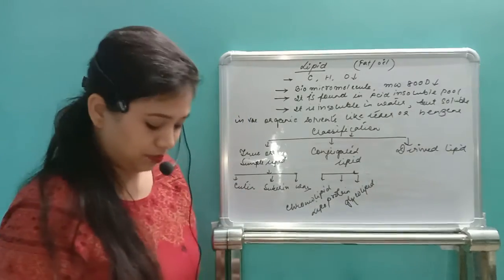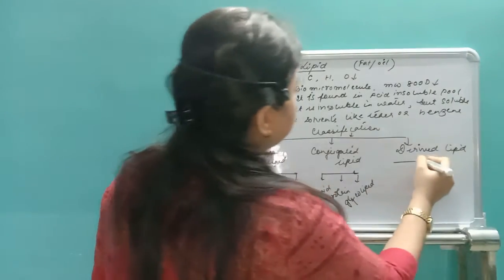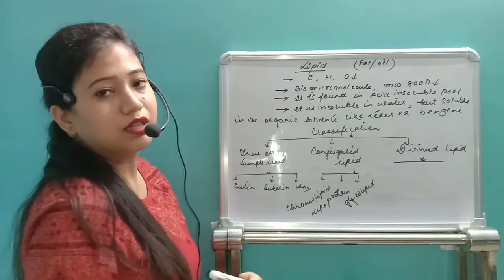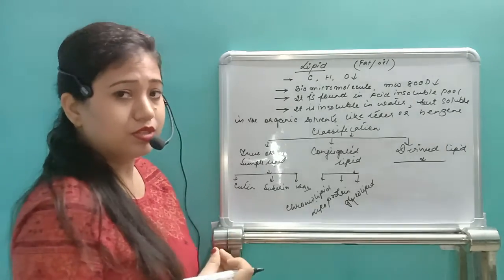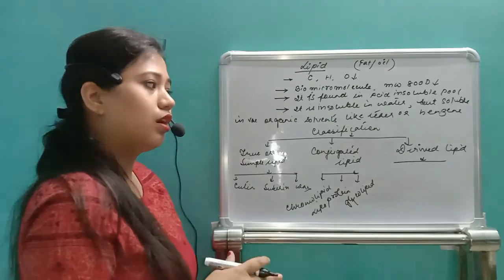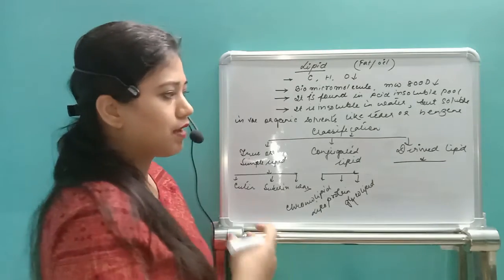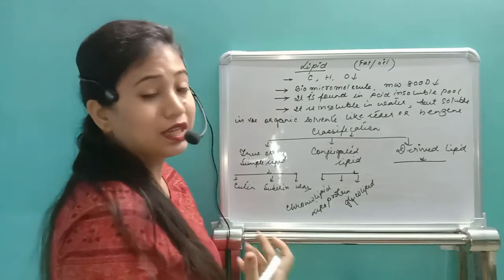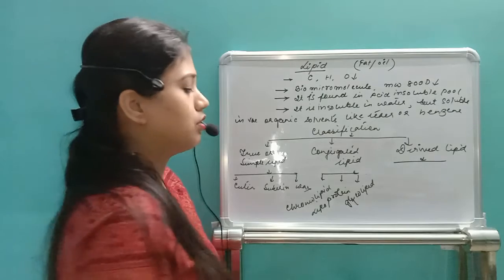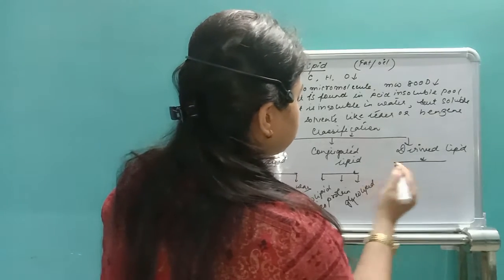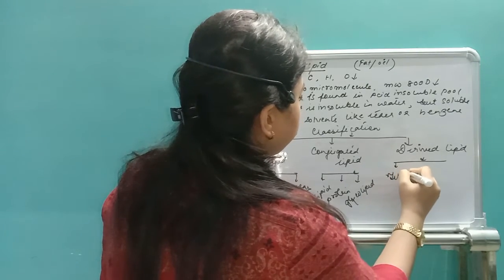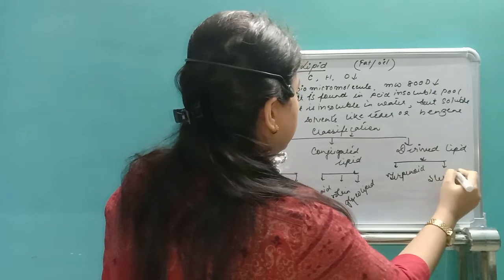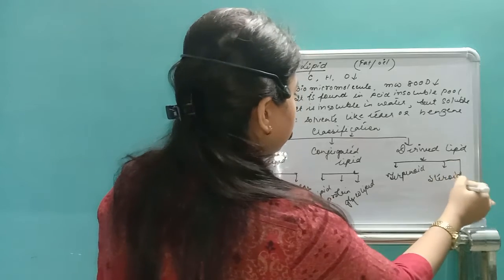Then in the derived lipid, we have some lipid-like compounds, but they do not show the same chemical nature, properties or structure of lipid. It is going to have some ring-like structure. As it is more like lipid, that's why it comes under the derived lipid. We have some examples like terpenoids, steroids, cholesterol.